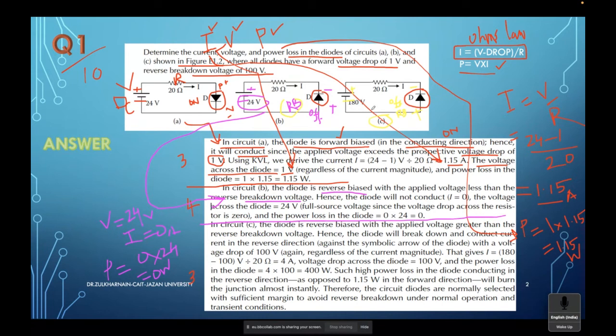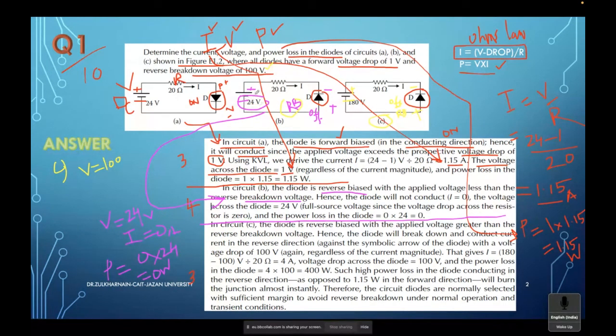So what will happen is, first, the diode will be off, and then the voltage drop will be equal to 100 volts. So in the third, C part of the question, the voltage drop will be equal to 100 volts. Why is it so? Because this voltage is greater than 100 volts, so now this voltage will come here.